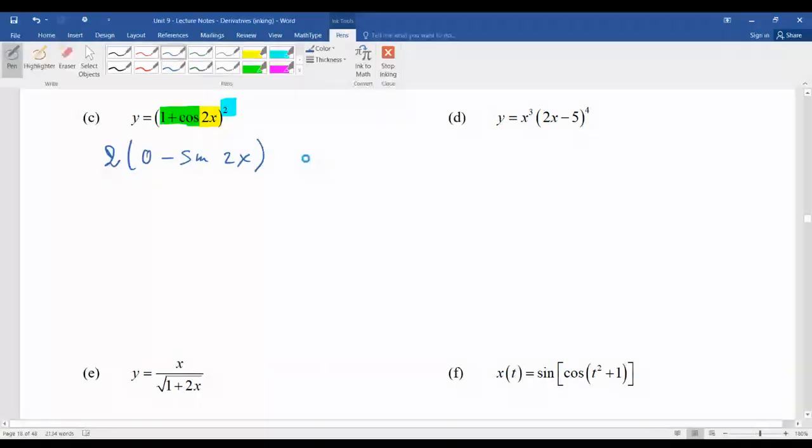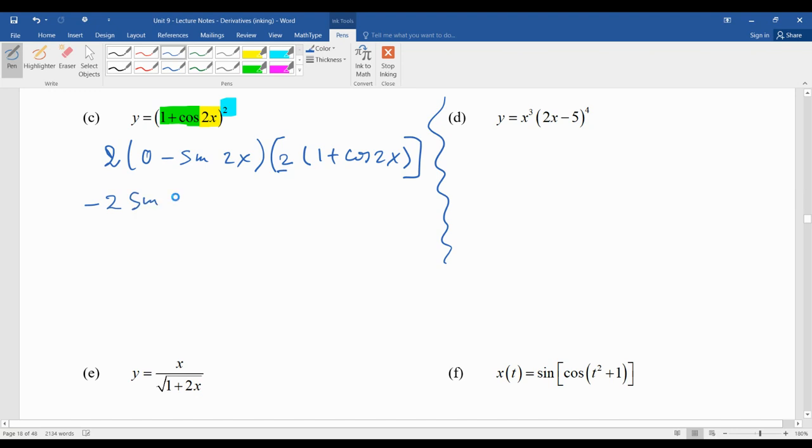And then the derivative of the exponent will be 2 times 1 plus cosine of 2x. Okay. Now 0 minus sine of 2x would simply be negative 2 sine 2x, because we're multiplying that by 2.